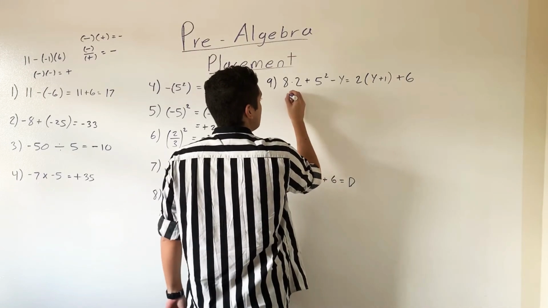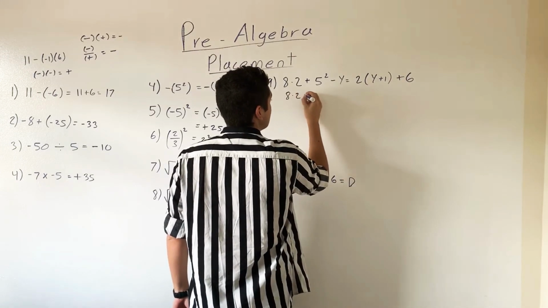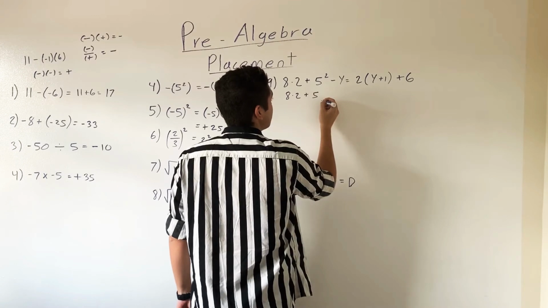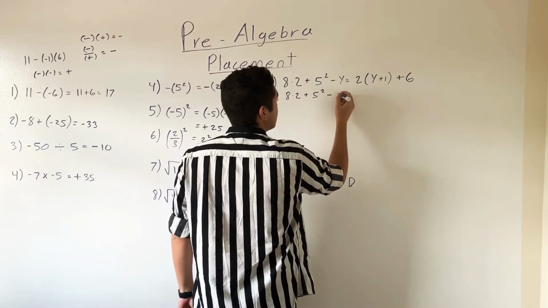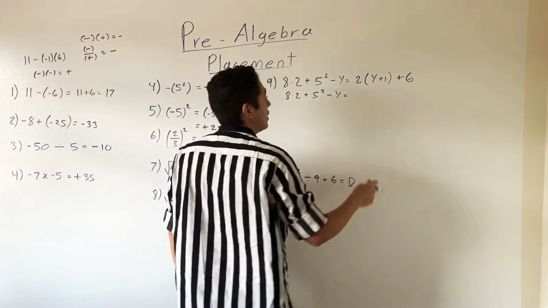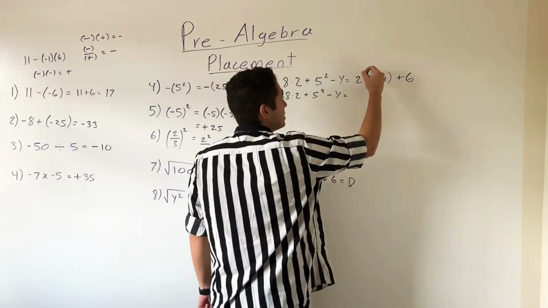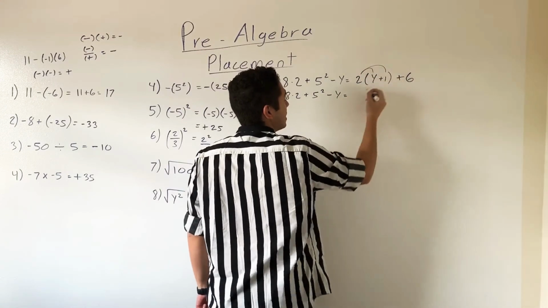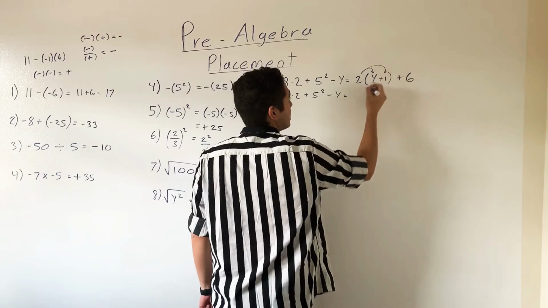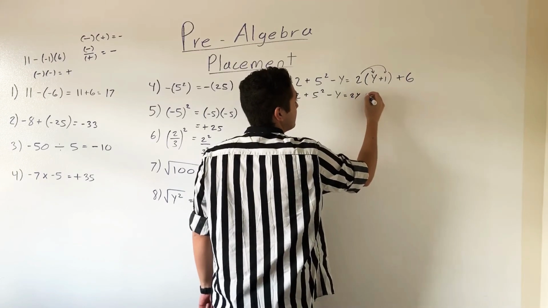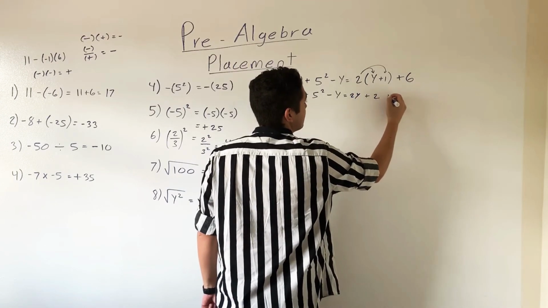So I'm going to keep everything the same. 8 times 2 plus 5 squared minus y equals, okay, so I'm going to go ahead and distribute this 2 into here, and that is going to give me 2y plus 2 plus 6.